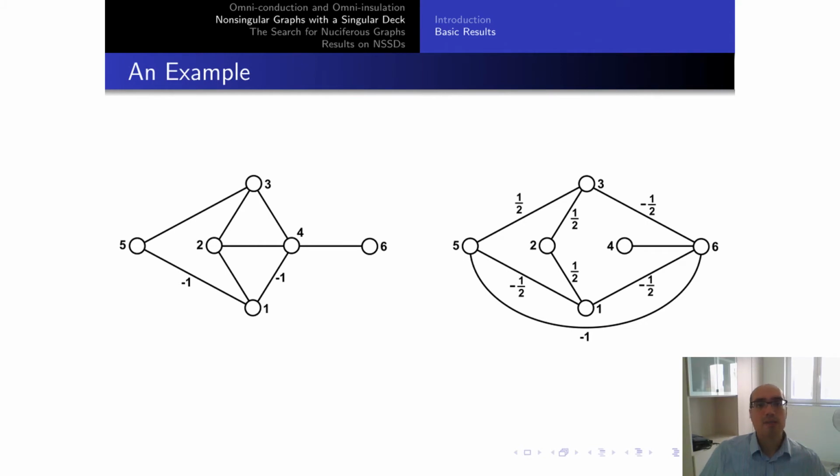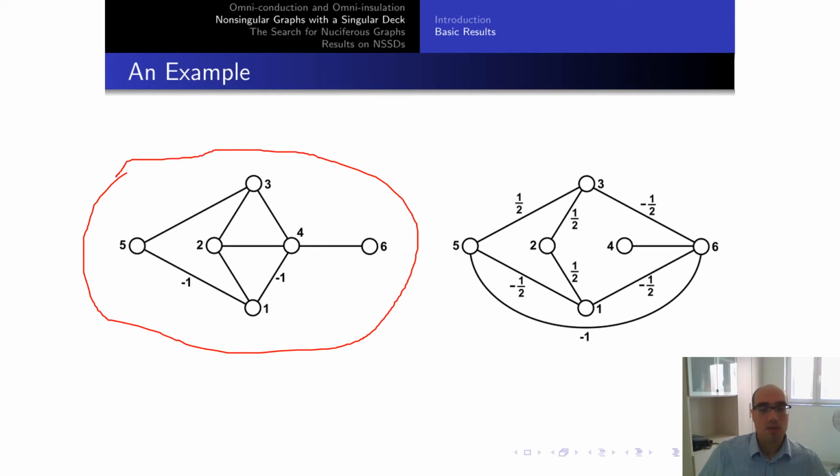Let us give an example of an NSSD. So the graph on the left, this one, is an NSSD. Notice that we have these weighted edges for these two edges, the edge 1, 4 and the edge 1, 5, whereas the others are assumed to have weight 1.